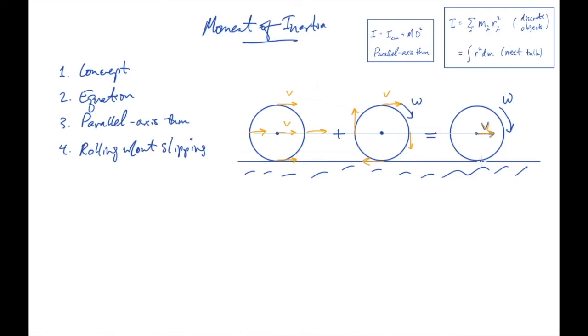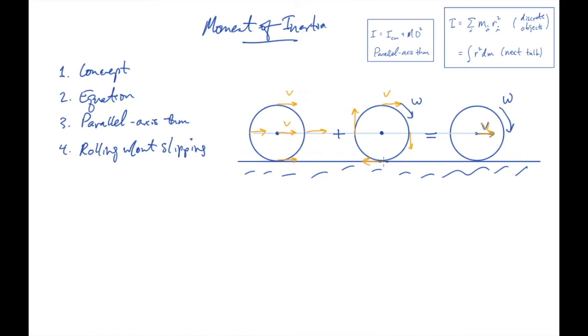Let's look at how the velocity vectors add. First, if we look at this velocity at the center, that point has a velocity v from the translation, nothing from the rotation, and it has velocity v in the sum, which is good. A point at the very bottom has this velocity v due to translation.